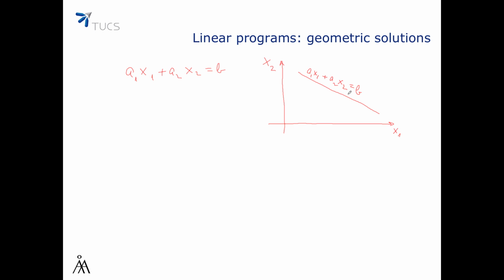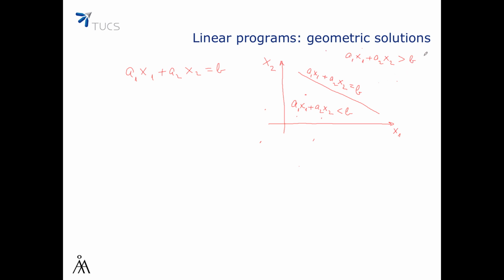The line will separate the plane into two regions, or half planes, one where a1 x1 plus a2 x2 is going to be smaller than b for all the points in here, and the other one where a1 x1 plus a2 x2 is going to be larger than b for all points in this half plane.